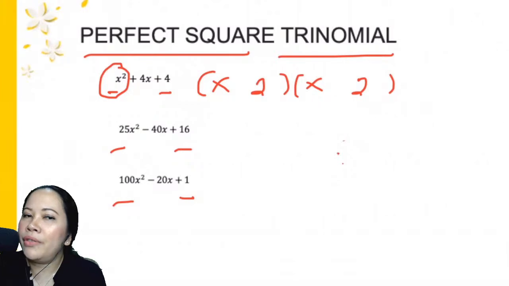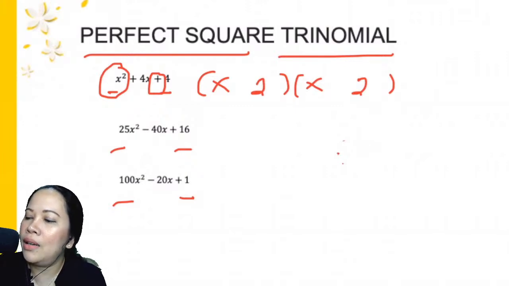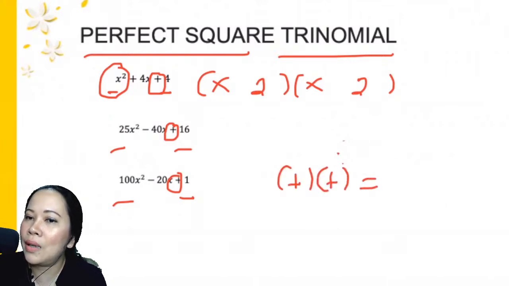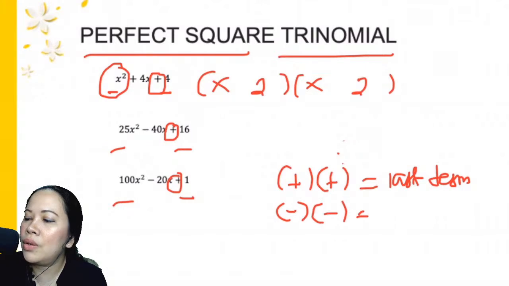Now, in a perfect square trinomial, you have to check the sign. So if it is positive, it's positive. That means that positive times positive is actually your last term. Okay, last term. Negative times negative is also positive, that is your last term.